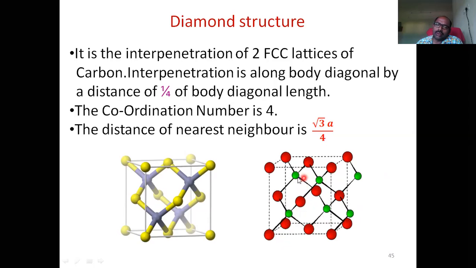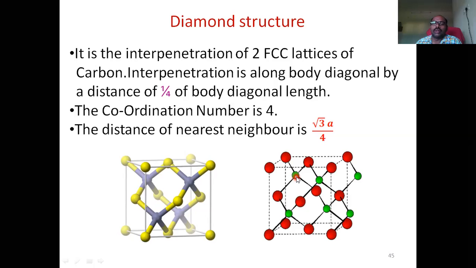So the total structure is within this unit cell only, and these 2 points, this point and this point, are outside the unit cell. Actually these two are the same: it is a carbon atom and it is also a carbon atom.